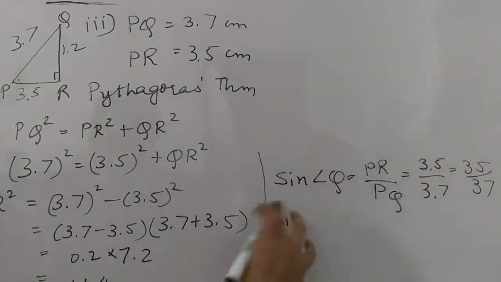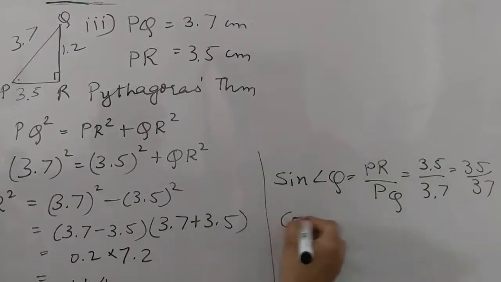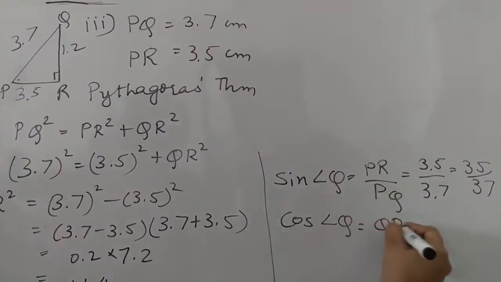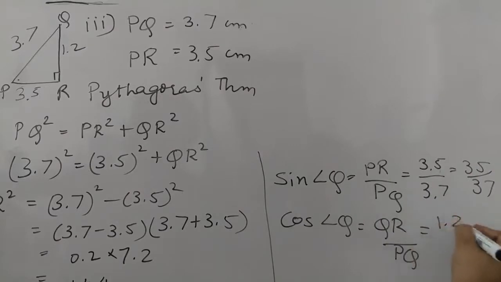Then cos of angle Q. Cos of angle Q means adjacent QR upon PQ. QR is 1.2, PQ is 3.7, so 12 by 37.